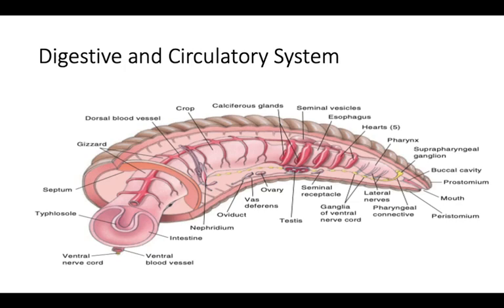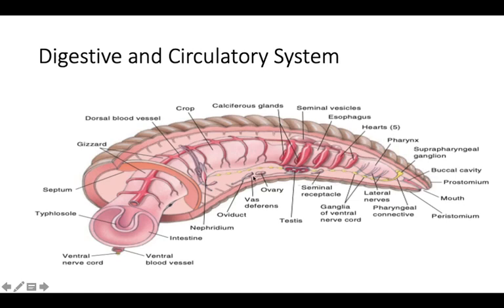Earthworms usually contain 5 hearts, but the regulation is mainly influenced by the pumping of the dorsal and ventral vessels. In this picture you are seeing a dorsal blood vessel in red color, originating right near the mouth and going towards the end. Then there are the 5 hearts as shown here.